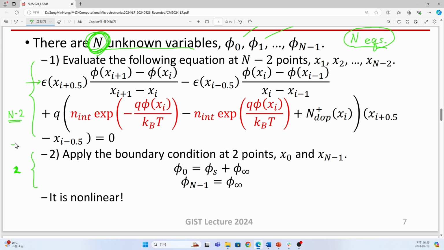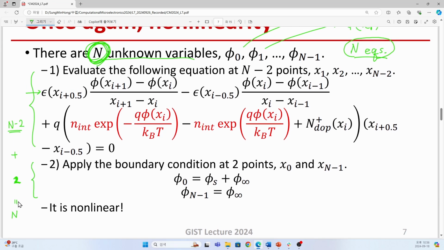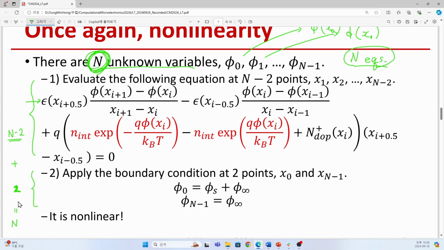By combining them all, we eventually have n equations that exactly match the number of unknown variables. Now we have a well-defined system, and we have some hope that we can solve this problem. But unfortunately, it is a nonlinear system because our unknown variable appears in an exponential function, so it is no longer a simple linear relation.